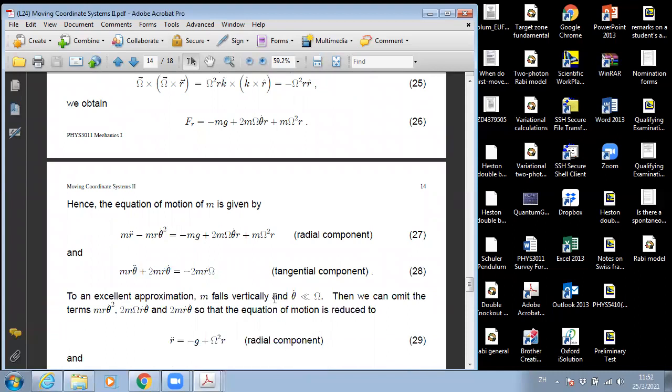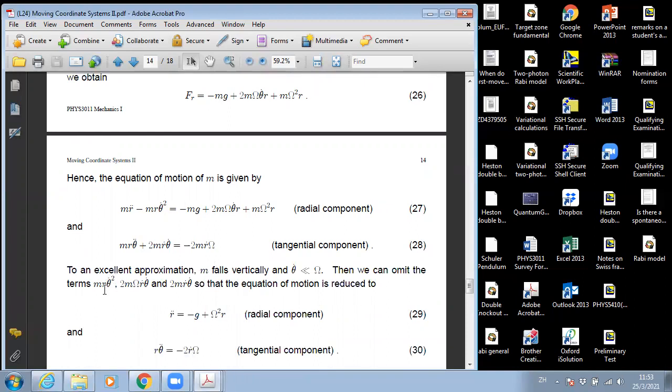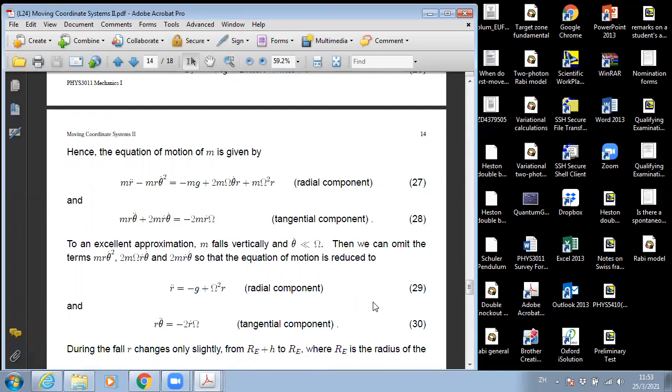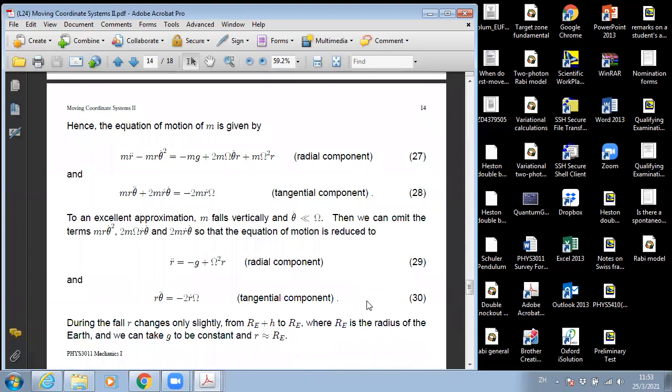Now, since theta dot is much less than the capital omega, then we can omit the terms like m r theta dot square, 2m omega r dot theta dot, and also this term, so that the equation of motion is reduced to this form.